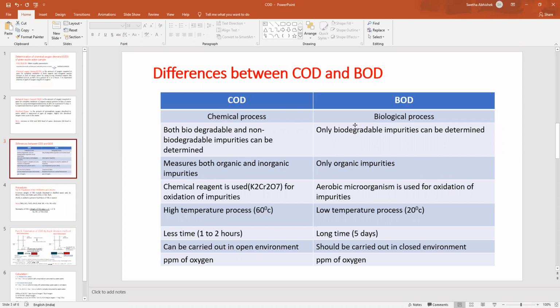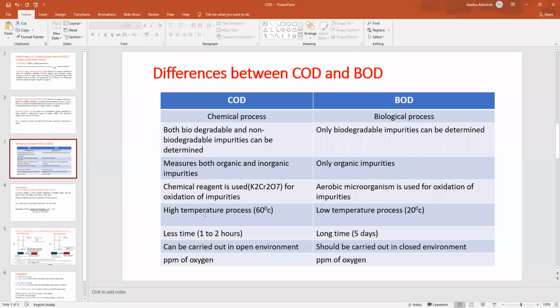This is because COD is a chemical process which can measure the total load of impurities present in the water, both biodegradable and non-biodegradable, organic and inorganic. Whereas BOD determines only biodegradable, organic impurities.